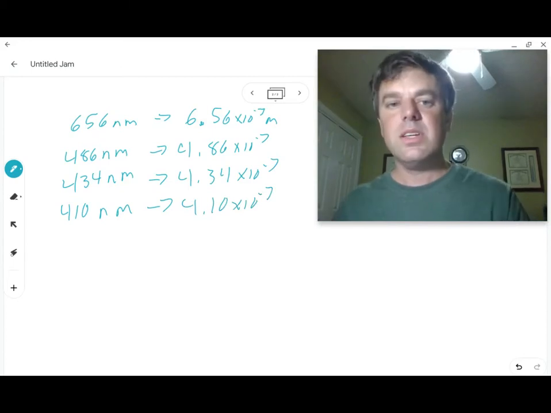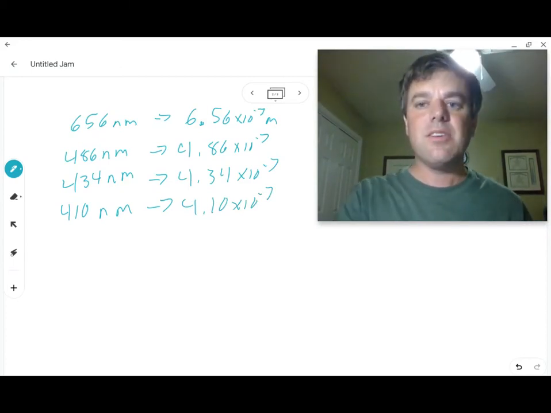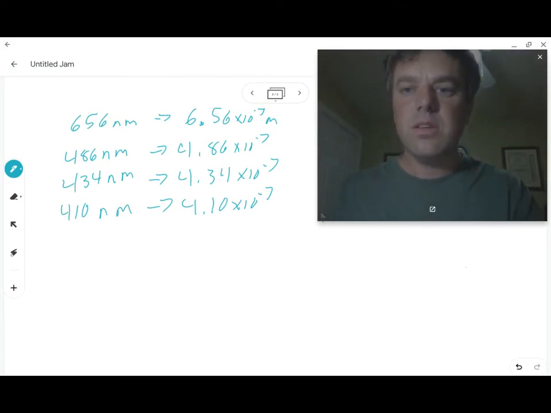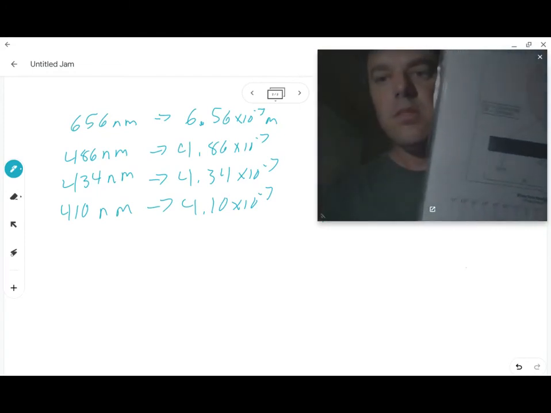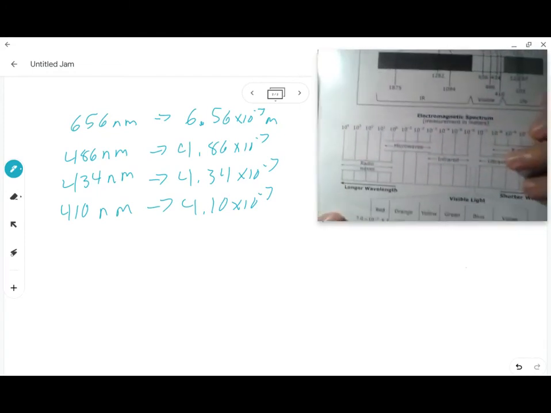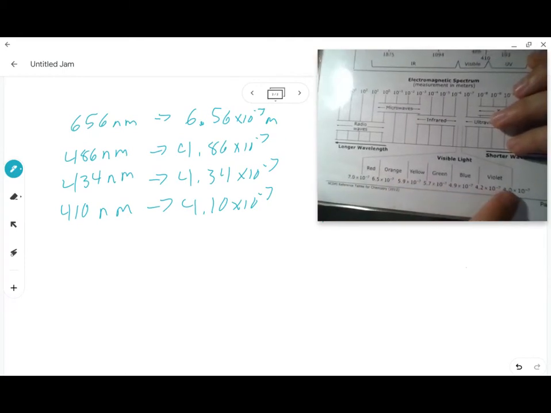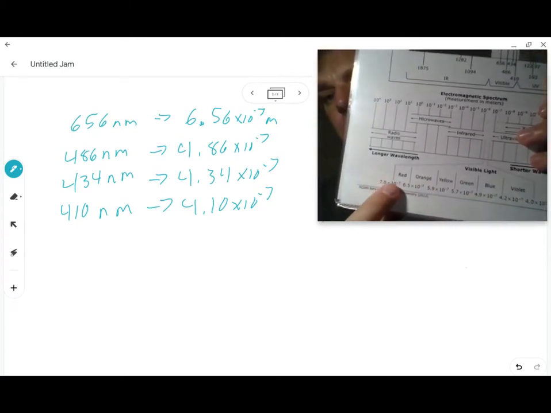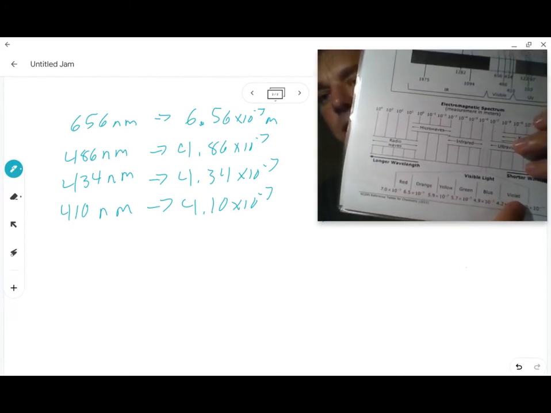You don't need to really concern yourself too much with how to actually make those conversions. What you should be able to see is that if you look down here at visible light, you have these ranges in nanometers for color.